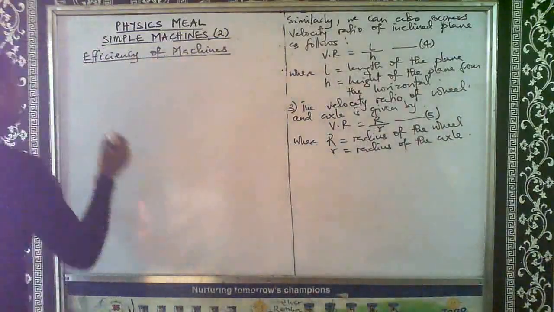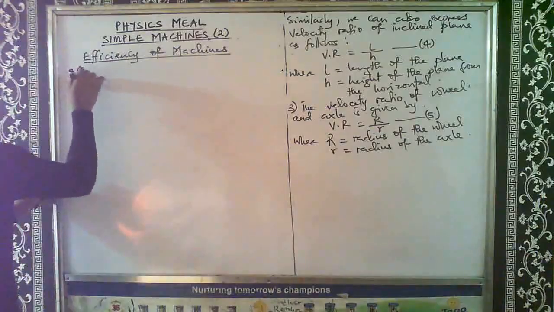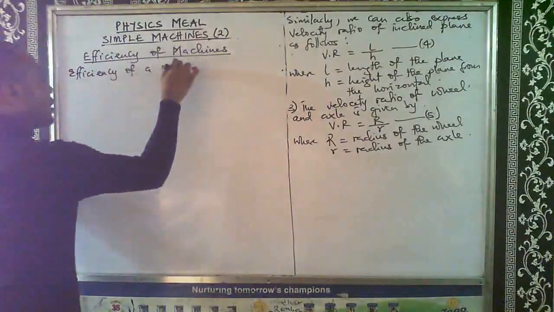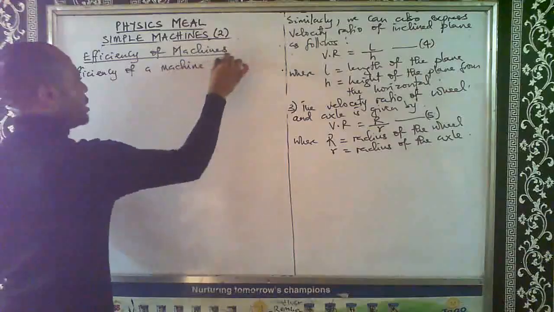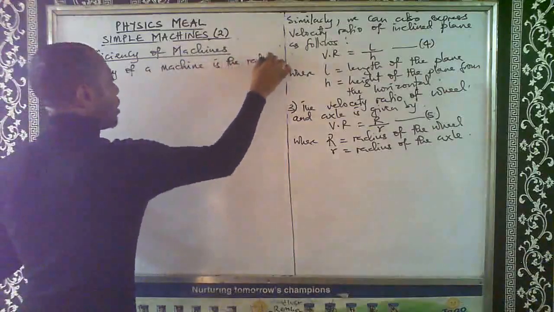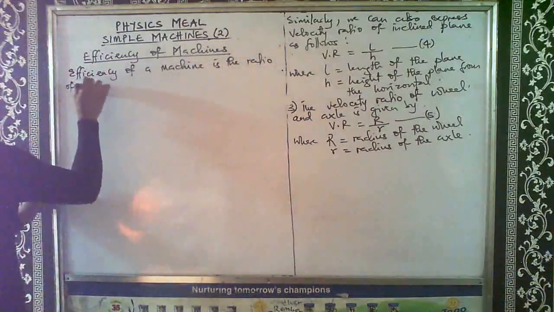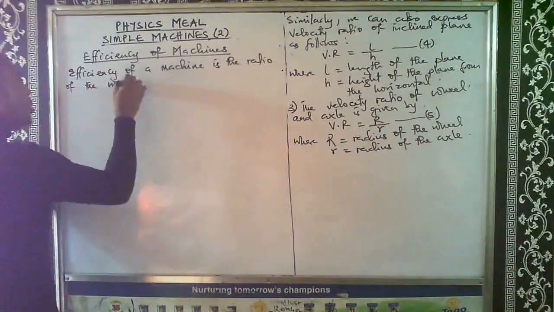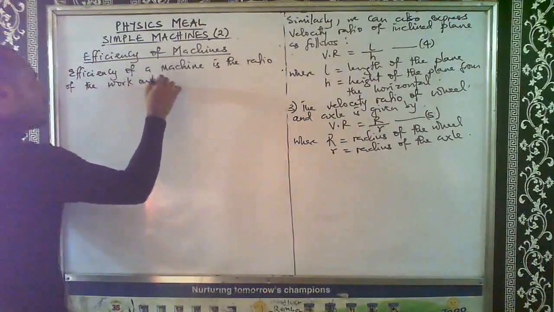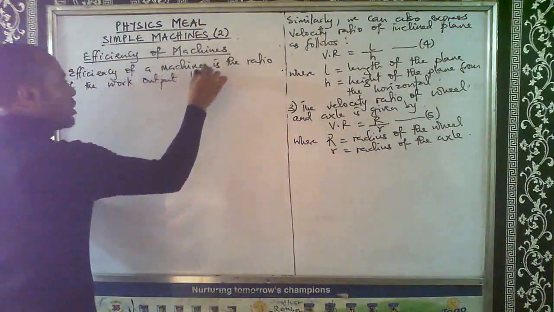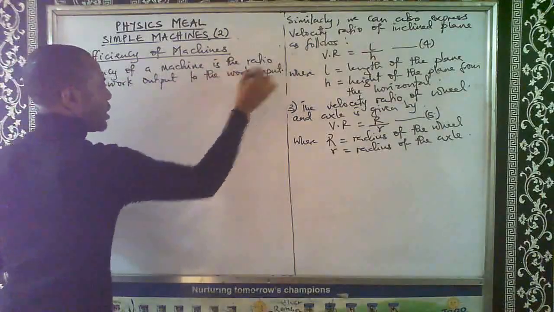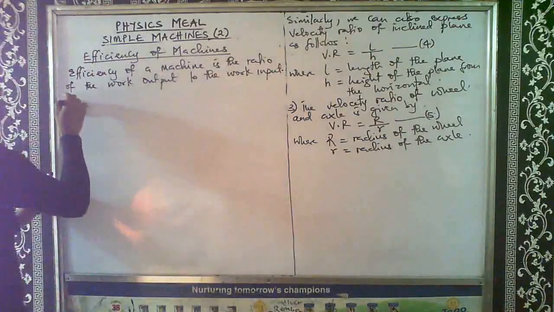So we define efficiency. We say that the efficiency of a machine is the ratio of the useful work output, or the work output, to the work input of a machine.